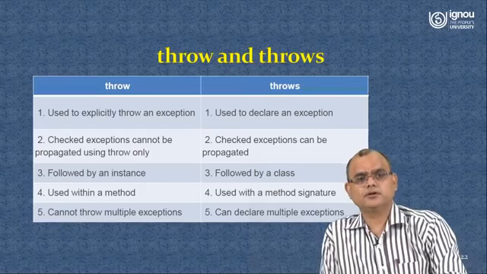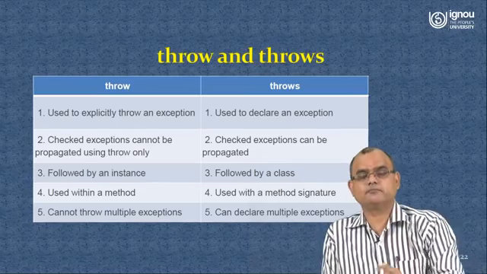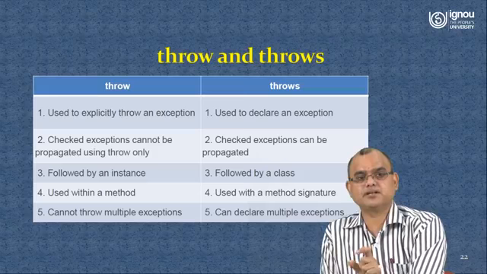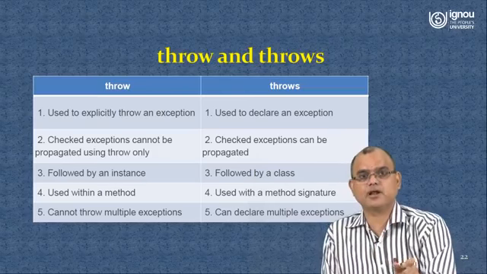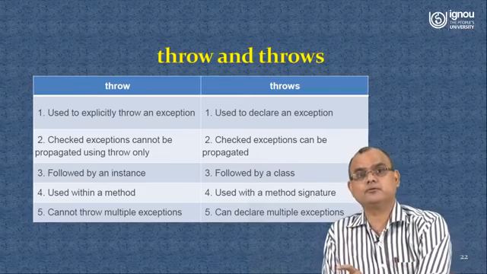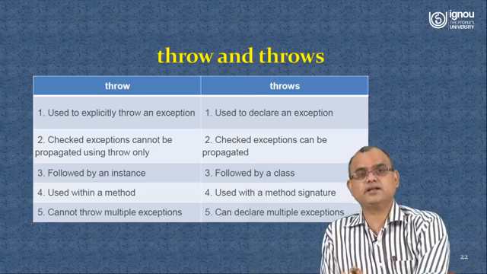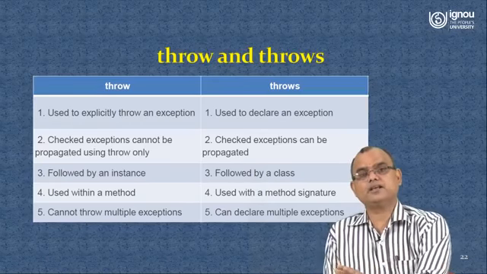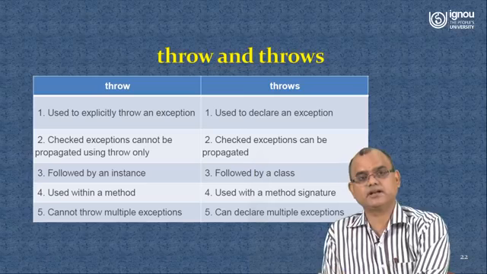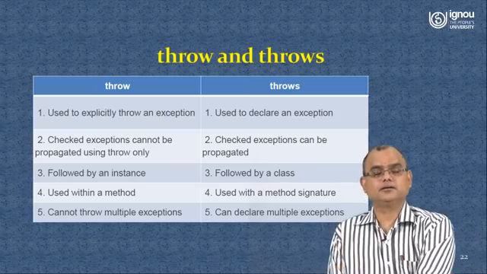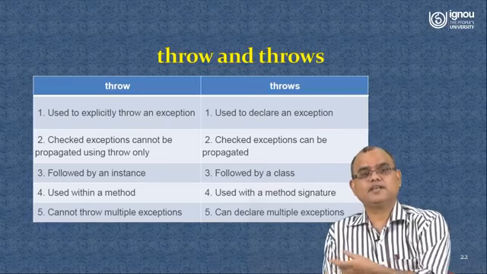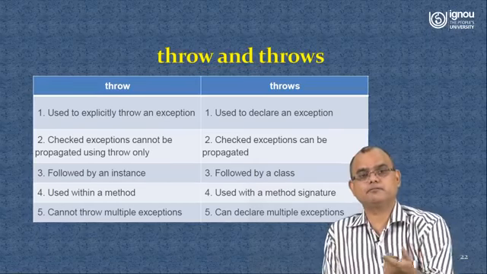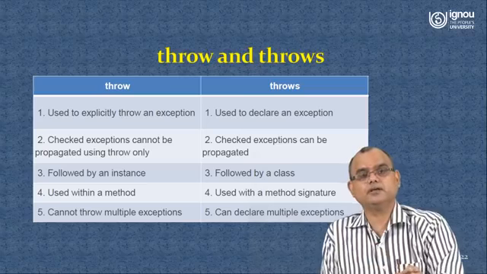Throw and throws. Throw is used for throwing only one specific exceptional condition checked by the programmer, but throws is going to be used extensively in normal programming scenarios, because there you can declare multiple expected exceptions by a comma separated list, and those different exceptions can be handled by the places from where that particular method is called.